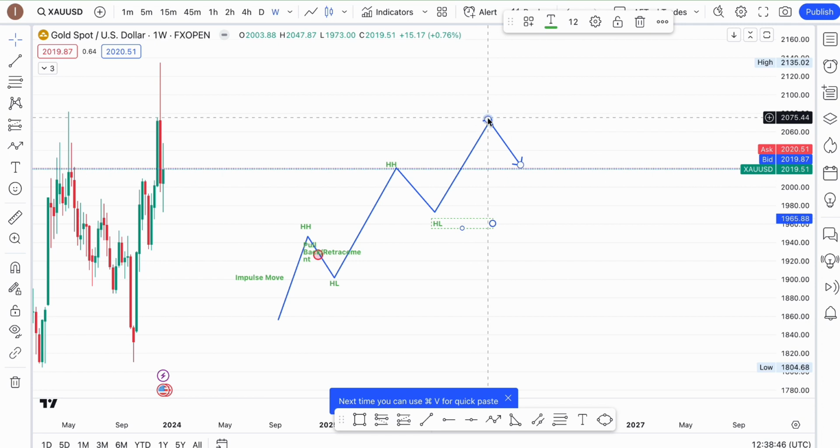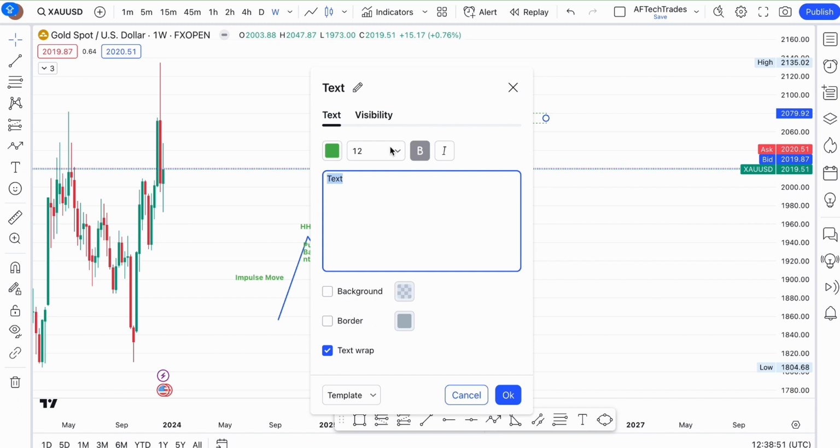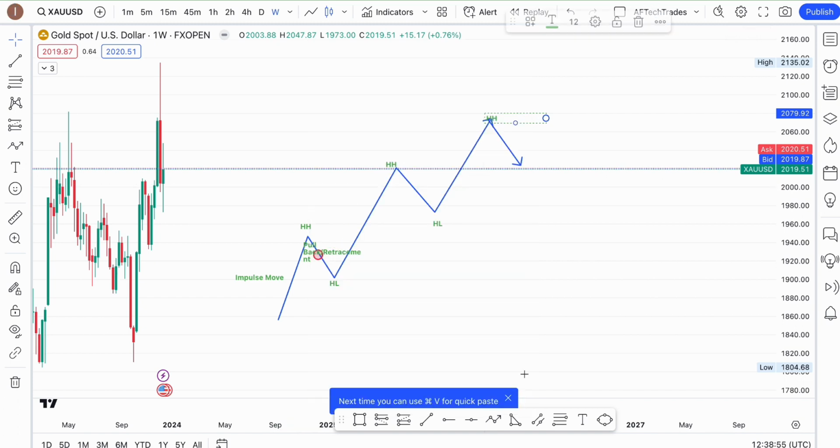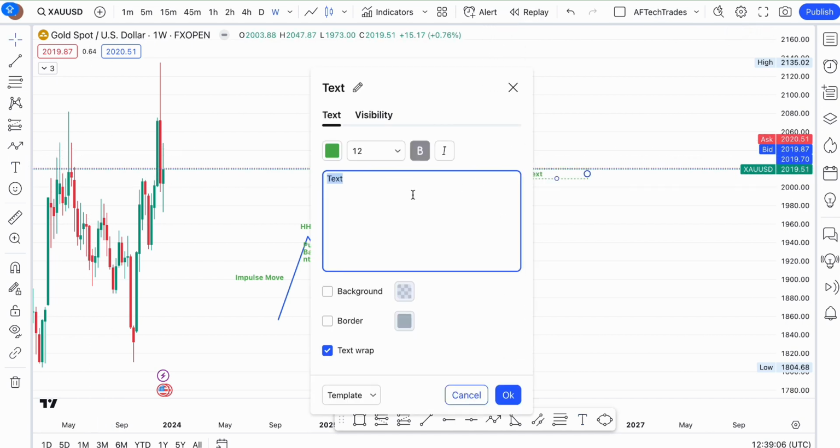So here is another higher high again. And a higher low down, right? A potential higher low here, right?